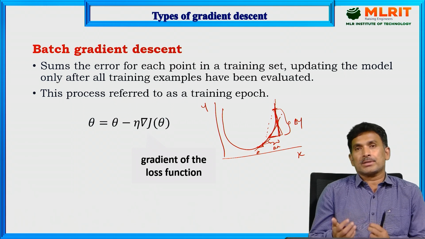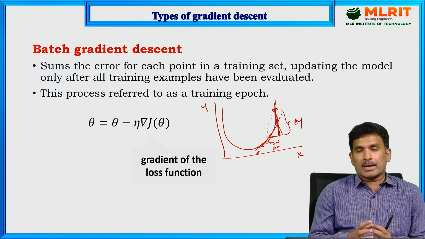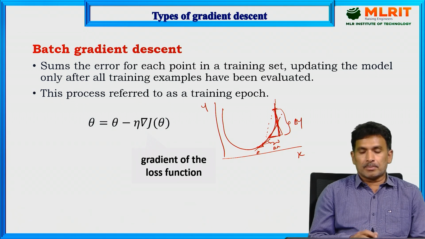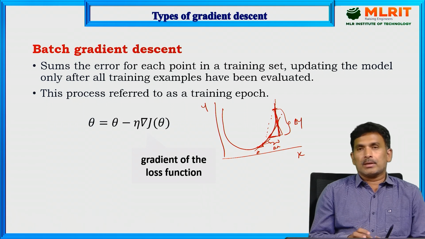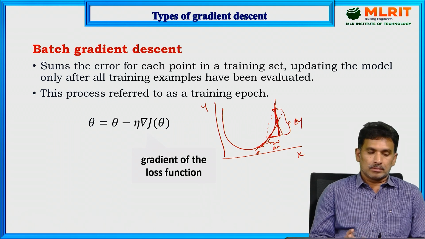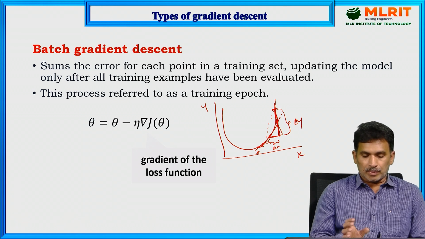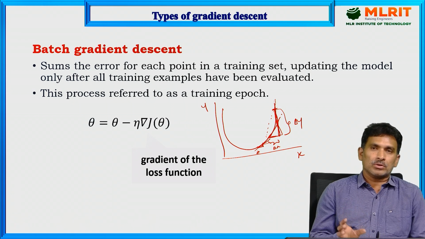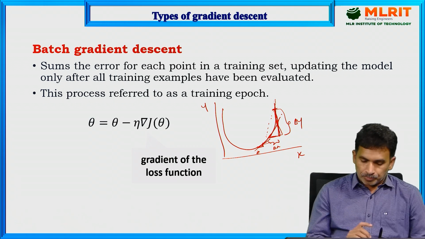How many iterations are required to reach convergence? All this matters. So we have to keep all these factors in mind and design the gradient descent so that it is more effective in minimizing the objective function, that is, the cost function.